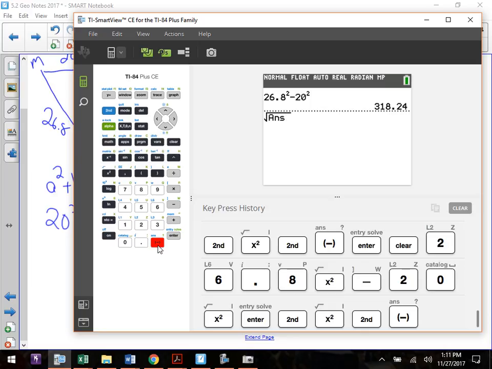What it does is it's going to use that last bit of info you hit enter for. So a minute ago we hit enter to get 318 and change. It's using that stored information, and now hit enter, and there's your answer. The square root of 318.24 is 17.839. I always round to 2 decimal places. So how do I round that to 2 decimal places? 17.839 rounds to 17.84.